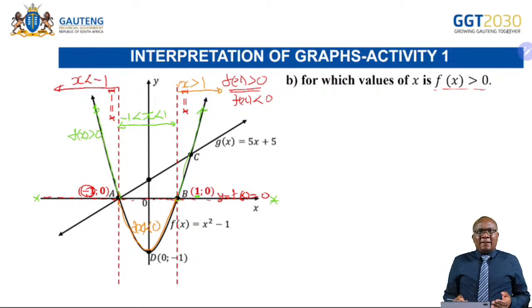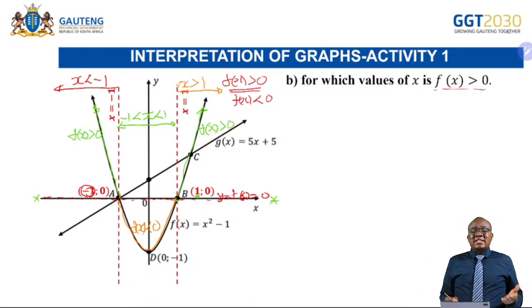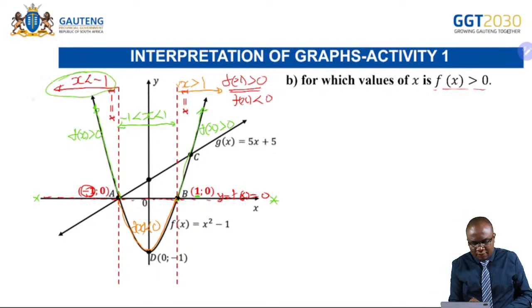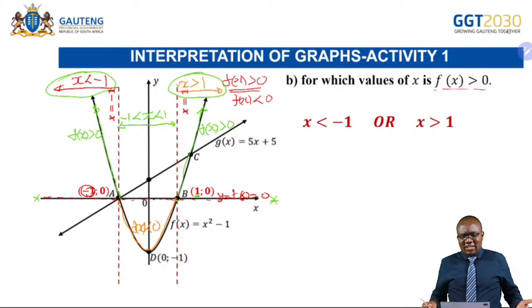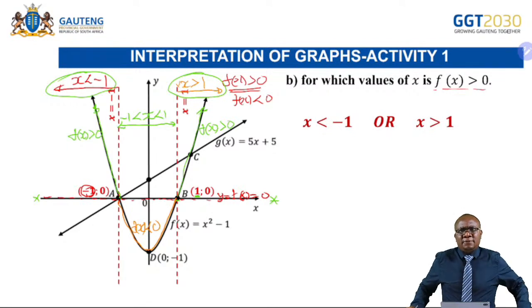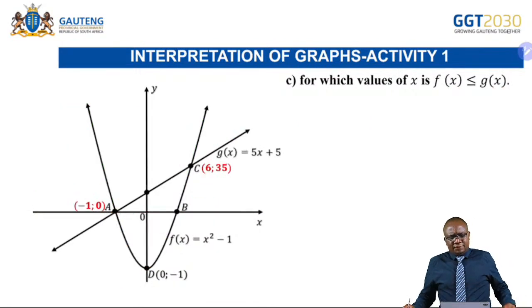It is above the x-axis. Again here, f of x is greater than 0. So where is f of x above the x-axis, greater than 0? It is here and there. Okay, and then you just write your solution like that. It is x less than -1 or x greater than 1. Okay, right, don't forget that.